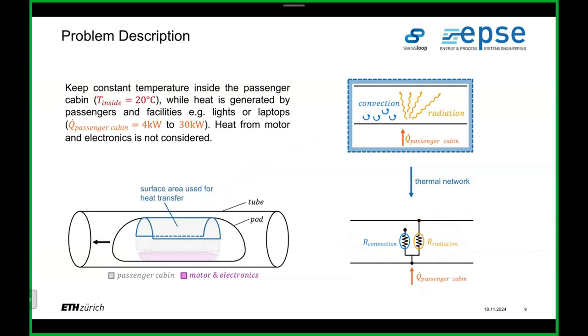I only use part of the surface for the calculation of the dissipation, also because in the lower part there are the motor and the electronics, which are as I mentioned probably at a higher temperature.